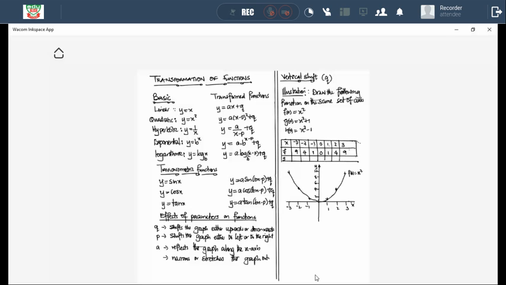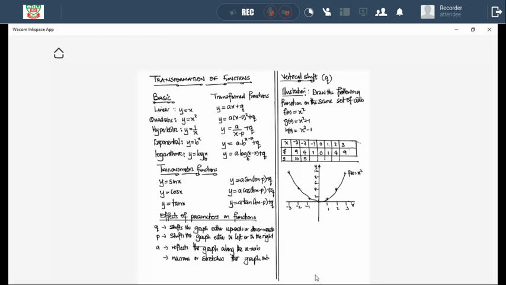My g of x, if you look at g, I'm now substituting. You realize that it's now negative 3 substituted where x squared is. Negative 3 squared is what? 9 plus 1, that will give you 10. Negative 2 all squared is 4 plus 1, that will give you 5.